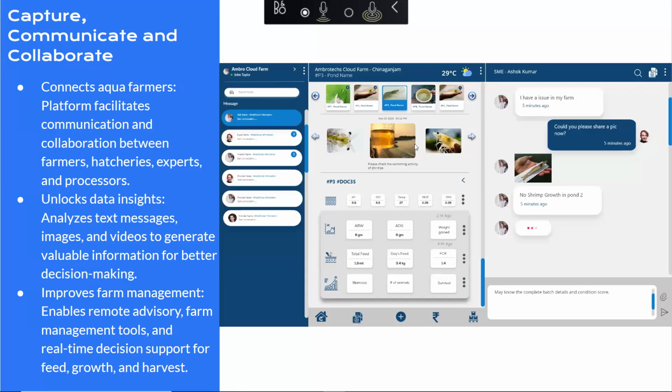So that is a very major advantage with this Aquatalk. We call this Aquatalk. This is a chat feature we have provided farmers. Farmer can add the SME or any people from whom he takes advice, and the data can be shared with them.